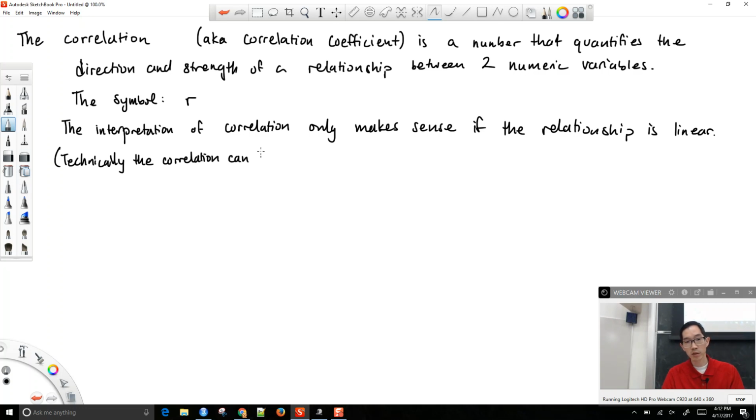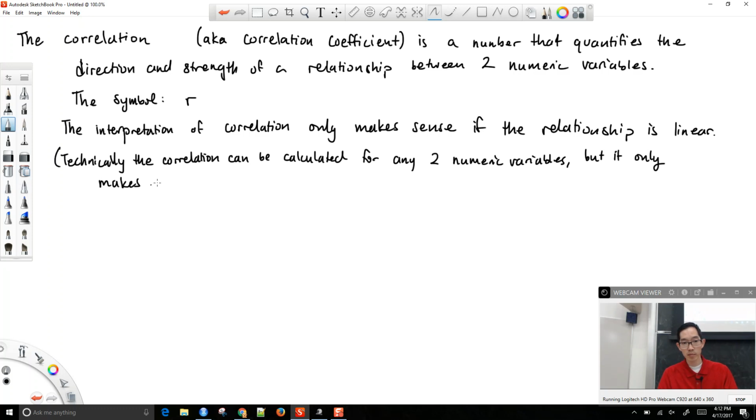Correlation can be calculated for any two numeric variables, but it only makes sense if the relationship is linear.